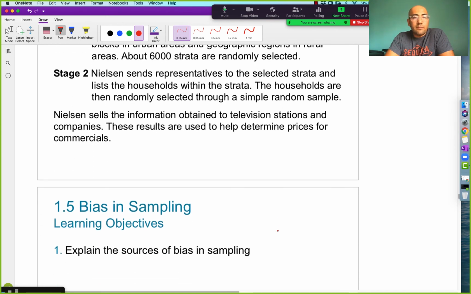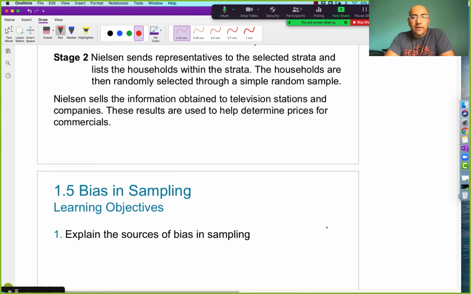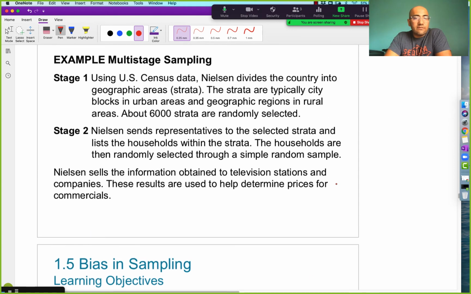Nielsen sells the information obtained to television stations and companies. This was also used to help determine prices for commercials. Right? They need to figure out who's watching it, and then they use that information to assess the value of a particular TV show.